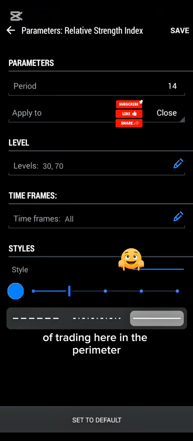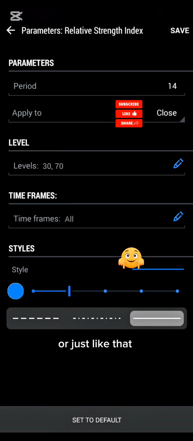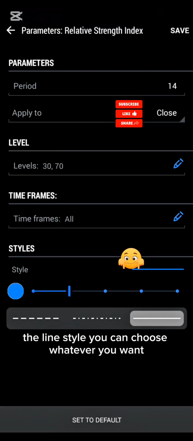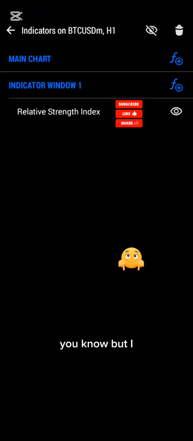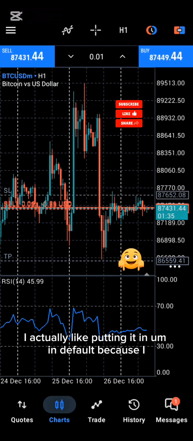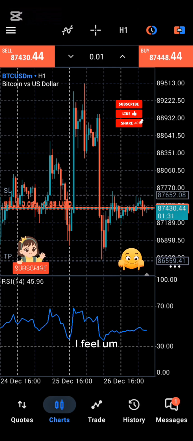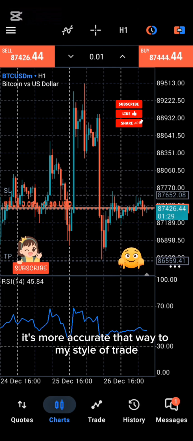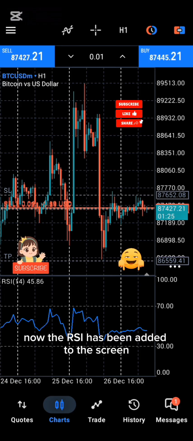Here in the parameters, you have period 14 applied to close, the market time frame, the line style. You can choose whatever you want, but I actually like putting it in default because I feel it's more accurate that way for my style of trade. Now, the RSI has been added to the screen.